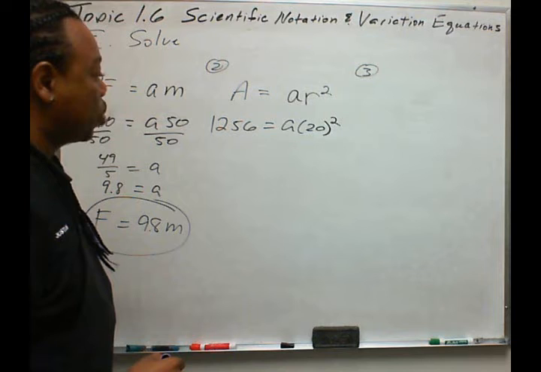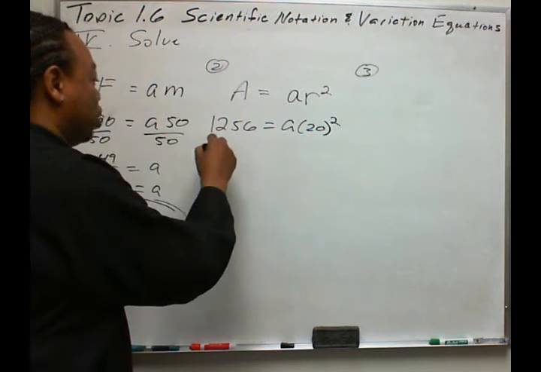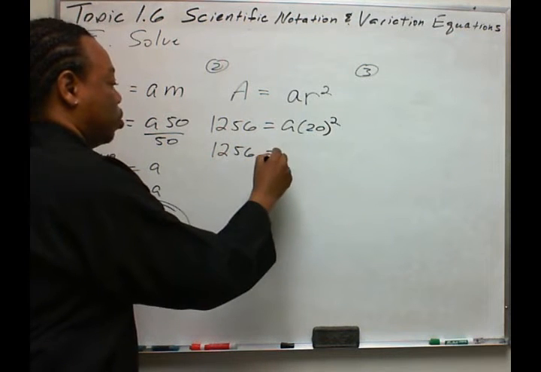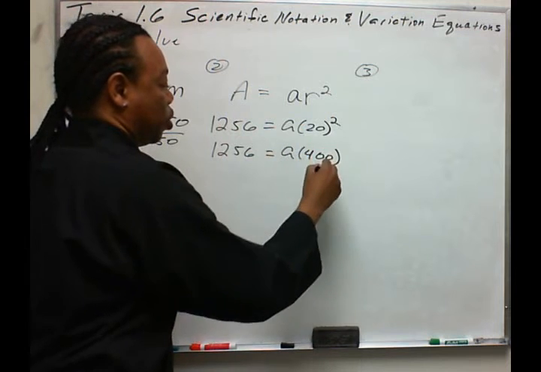Well, to solve for a, I'll start by squaring the 20, and we'll get 400.